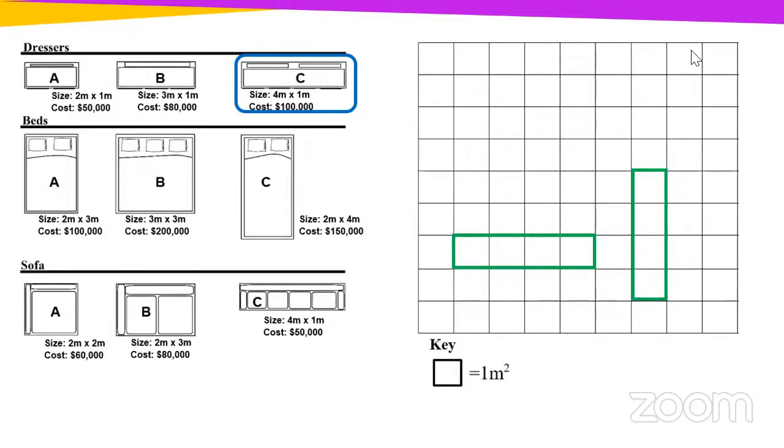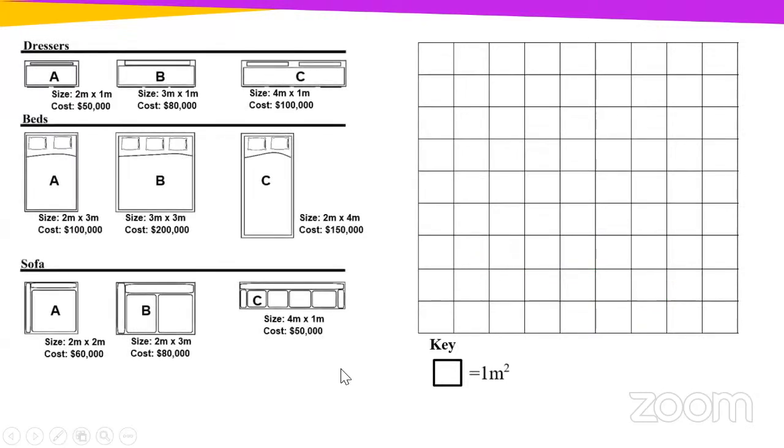So what would be the area of this dresser? Good job in the chat, Miss Johnson: 4 square meters. Good job, boys and girls. So we have calculated the area of the dresser, 4 squared meters.